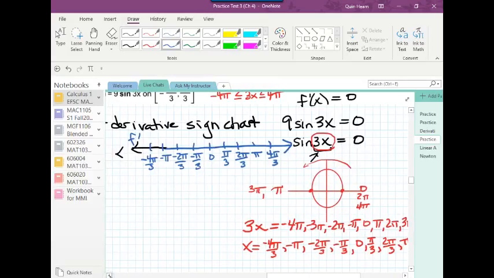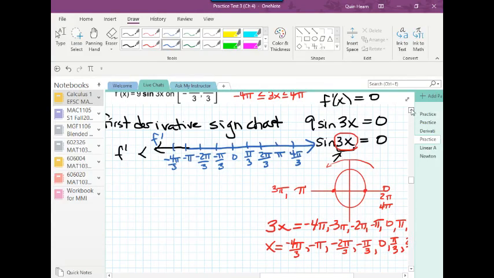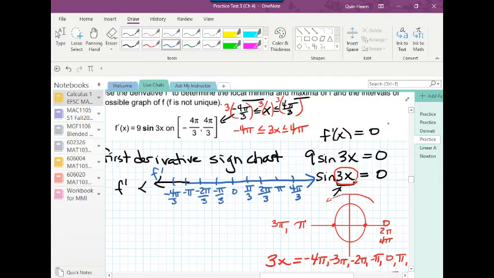Okay, so let me adjust my sign chart. So f prime of x is on this sign chart here. Yeah, I might need more room even than that. Hold on.